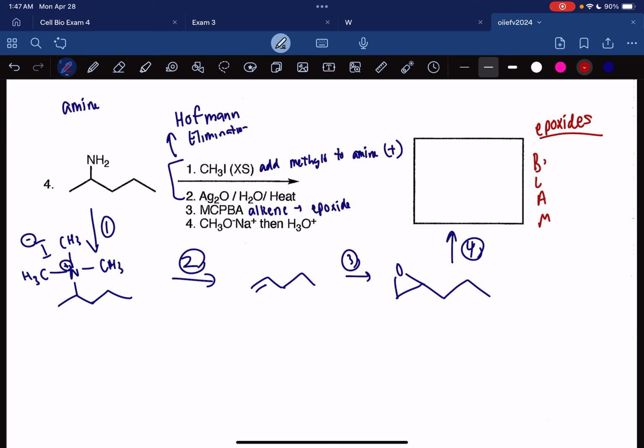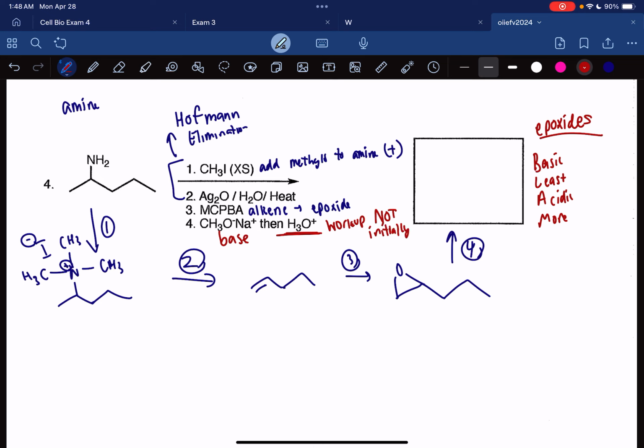In basic conditions, you attack the less substituted side. In acidic, you attack the more substituted side. So ask yourself, is this a base or an acid? Hopefully you said base. Since it's O minus, this is a base. The acid is a workup step, so this is a workup, not initially.